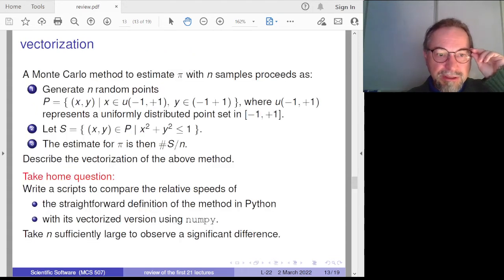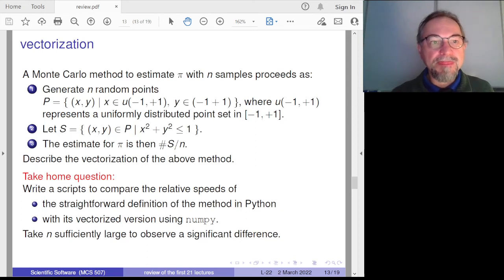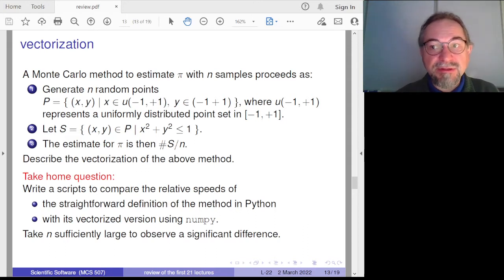Let's go to the midterm exam of last time the course ran. So the first question is also a vectorization question. Consider this simple basic Monte Carlo method to estimate pi. And this is a great example for introducing list comprehensions as well.